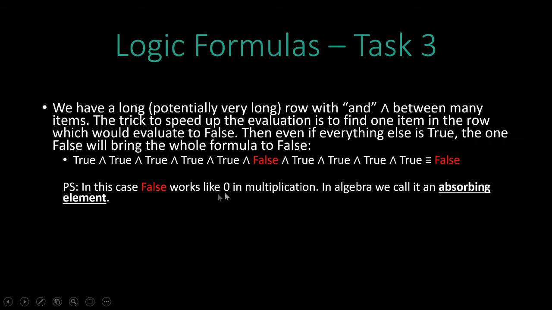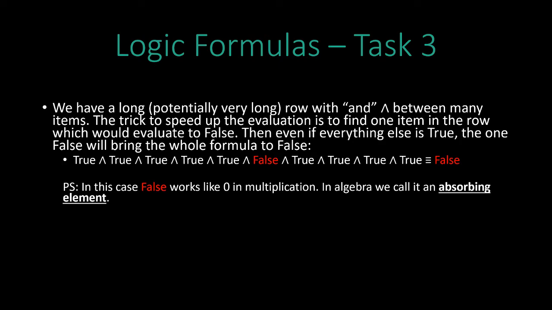So this is the same as if we had a bunch of numbers here, whatever the numbers were, and some would be really complicated to calculate, right? If at least one of them is 0 and we are multiplying all of them, then we don't care about multiplying anything with 0, because it will end up being 0 in the end, regardless of what the individual parts were.